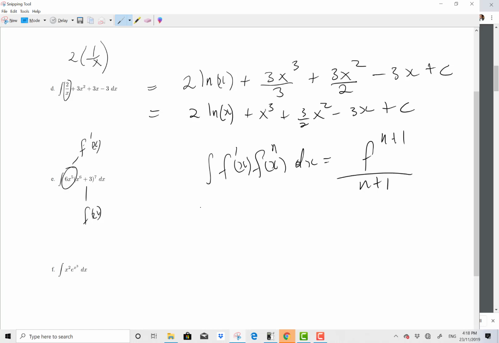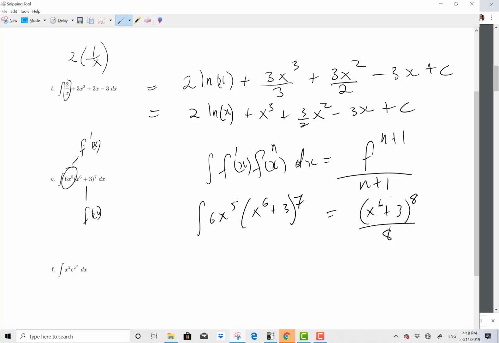So simply the integral of this problem, 6x to the 5th times (x to the 6 plus 3) to the 7th, is going to be equal to (x to the 6 plus 3) to the 8th divided by 8. And we can do that problem in one breath.